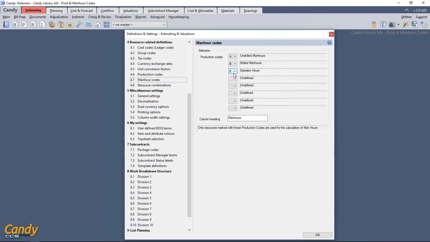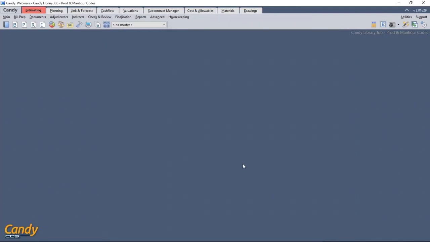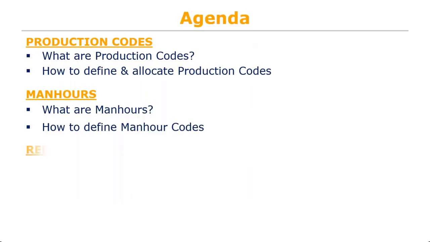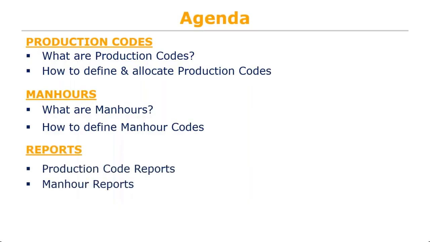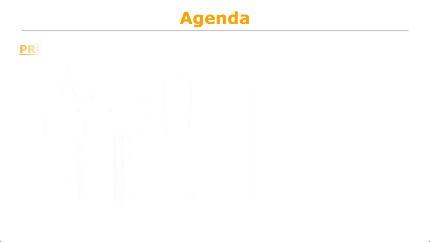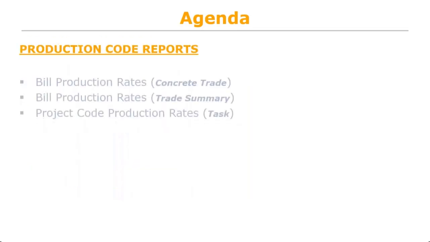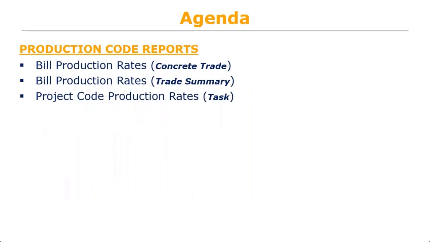Now that I've set the man-hour codes, let's have a look at some reports. Under reports, we will look at production codes reports.